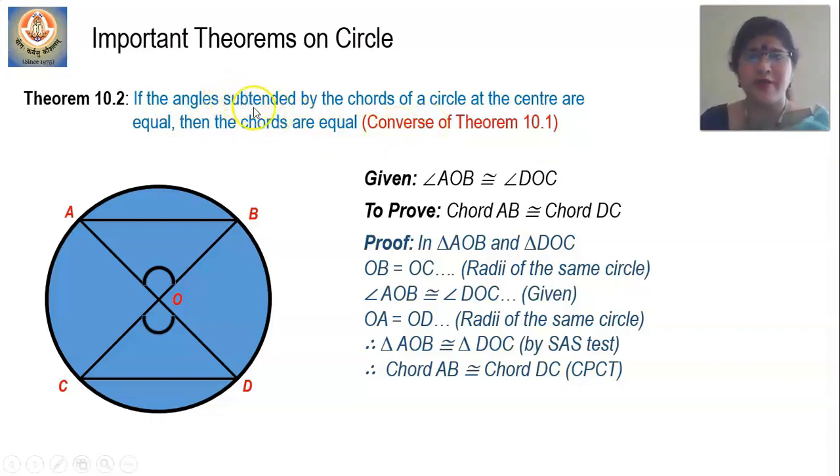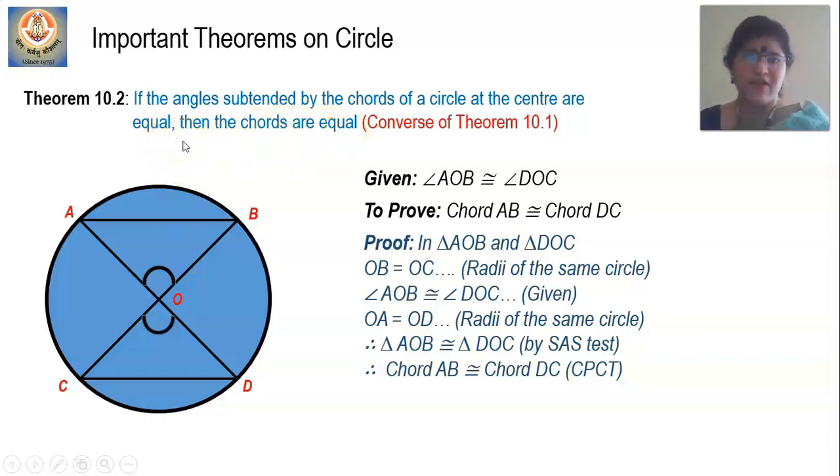Divide the statement into given and what you need to prove. So what is given? The angles subtended by the chords at the center are equal, that means the angles formed by the chords at the center are equal. So angle AOB is congruent to angle DOC. It is already given.